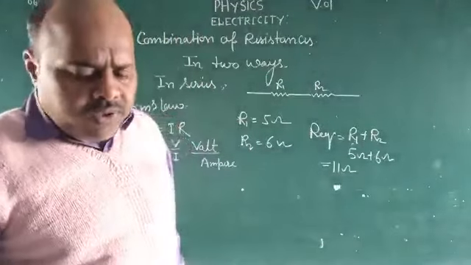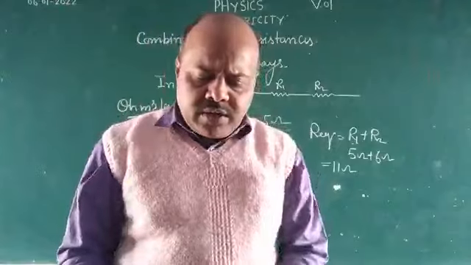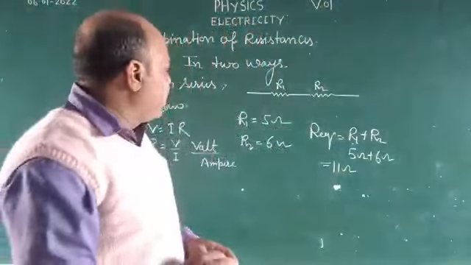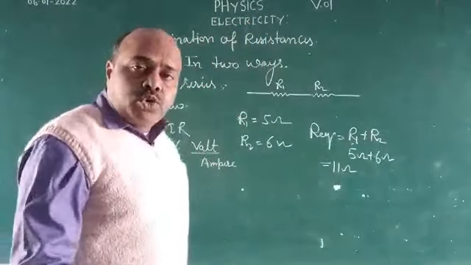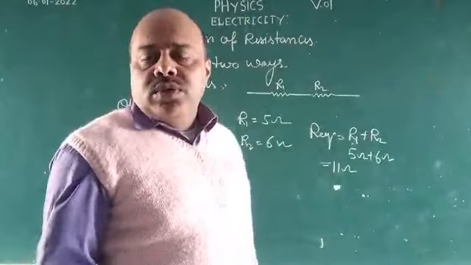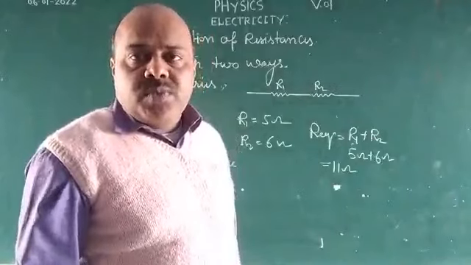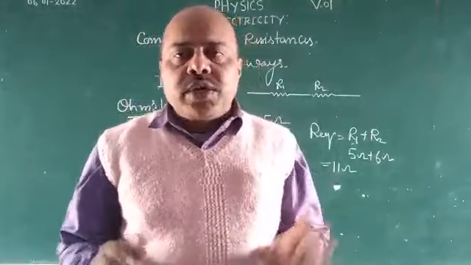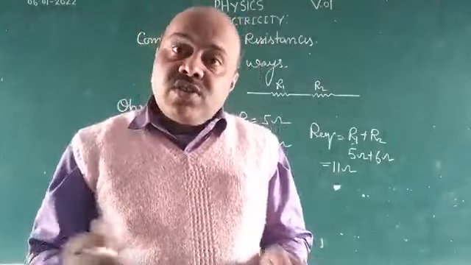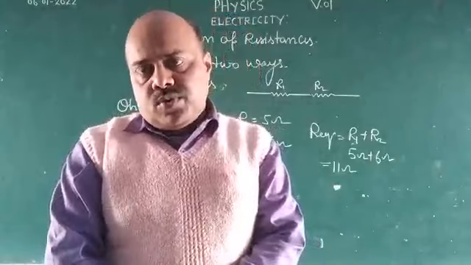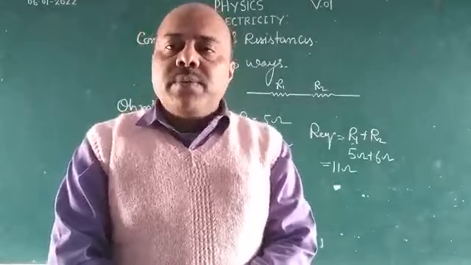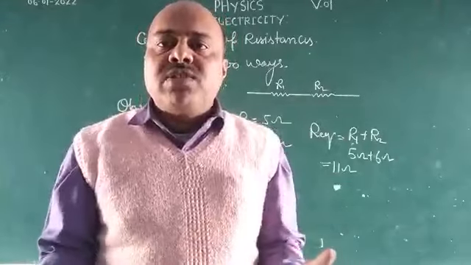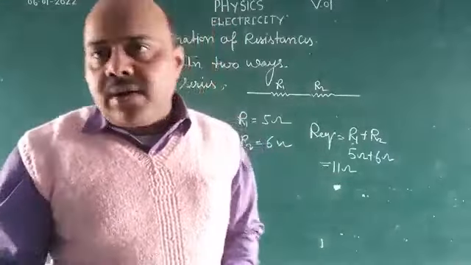Dear student, when we want to increase the total resistance, the individual resistances are connected in series. And when we want to decrease it, the individual resistances are connected in parallel. So we connect two or more resistances in parallel to decrease the total resistance, and in series to increase it, so we can increase or decrease the amount of current.